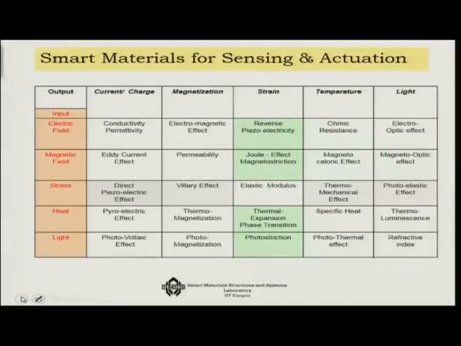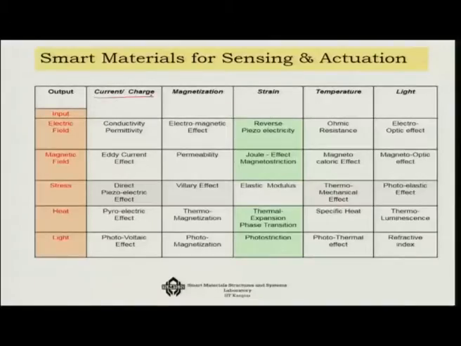Now, if I summarize all these smart materials from the sensing and actuation point of view, we get this beautiful matrix. On this matrix, the columns are outputs: current, charge, magnetization, strain, temperature, light. The inputs are electric field, magnetic field, stress, heat and light.